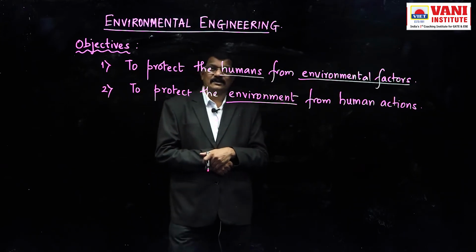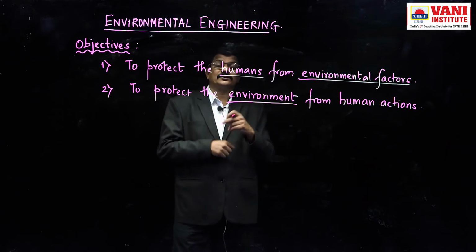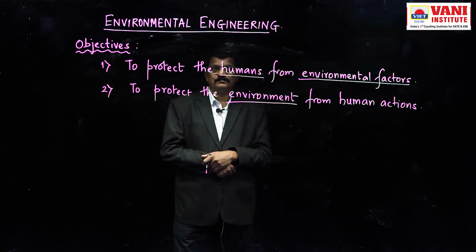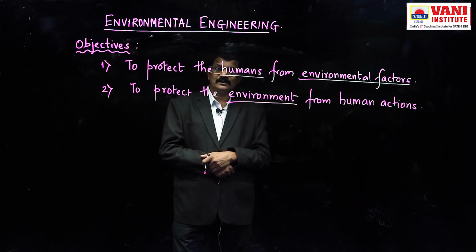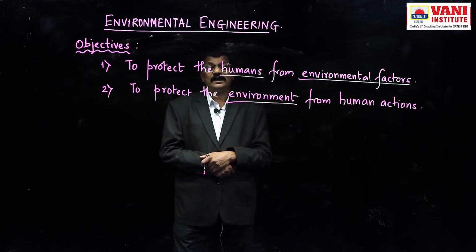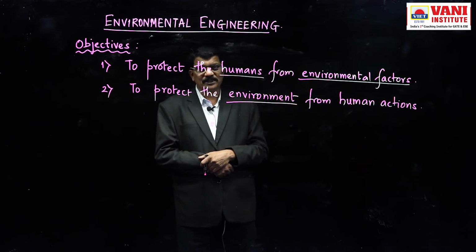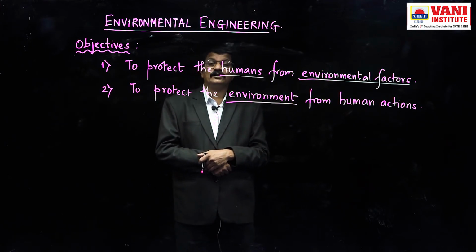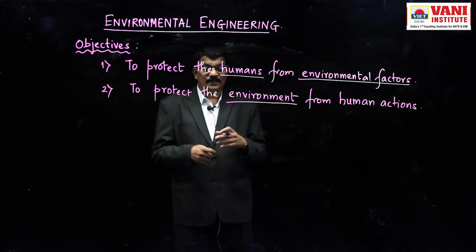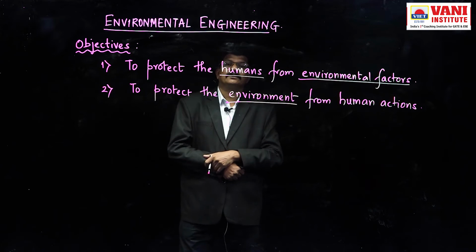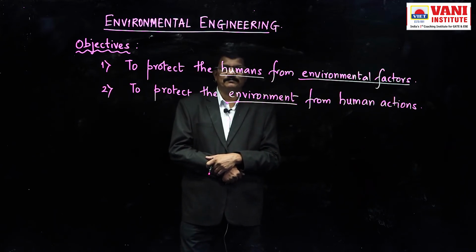We need to see that the cycle runs without any problem. The humans survive in the environment they are given safely and comfortably. At the same time, the environment is also maintained conducive or safe for the survival of the human beings.